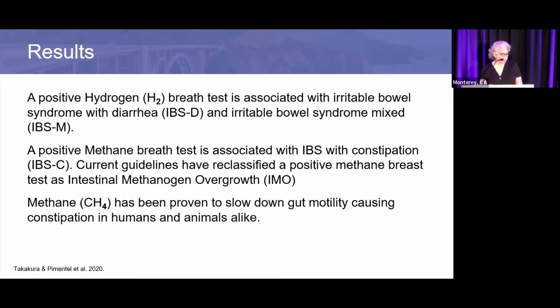So a positive hydrogen test is mostly associated with irritable bowel syndrome with diarrhea and IBS mixed. A positive methane breath test is usually associated with IBS constipation. The current guidelines have reclassified the positive methane breath test. It is now also called intestinal methanogen overgrowth instead of small intestinal bacterial overgrowth.